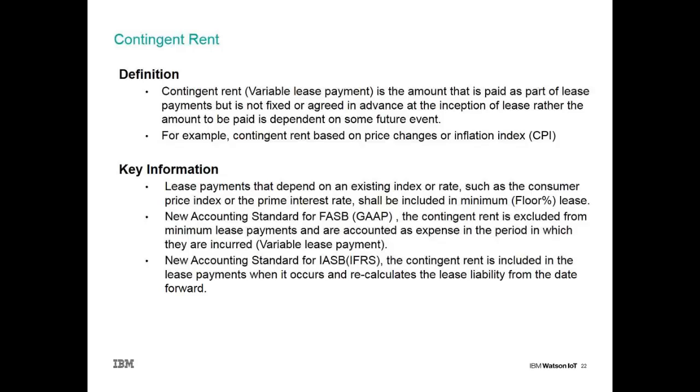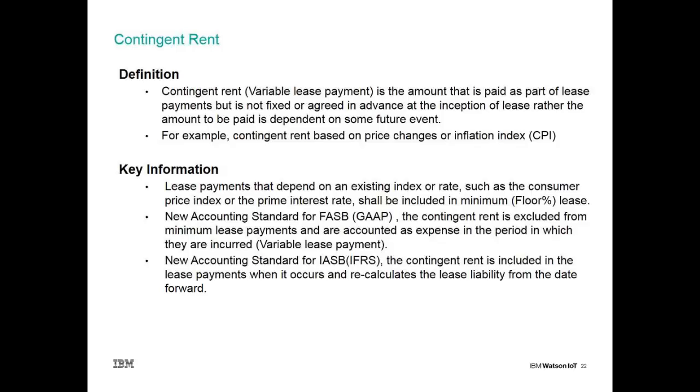The key information is that lease payments that depend on an existing index or rate, such as the consumer price index or the prime interest rate, shall be included in the minimum lease payment. In the new accounting standard for GAAP, the contingent rent is excluded from the minimum lease payment and is accounted as expense in the period in which it is incurred as a variable lease payment.